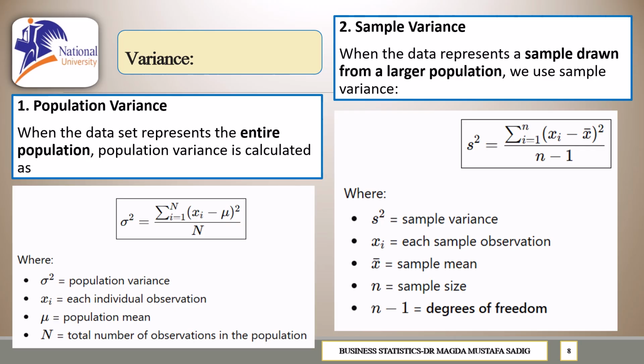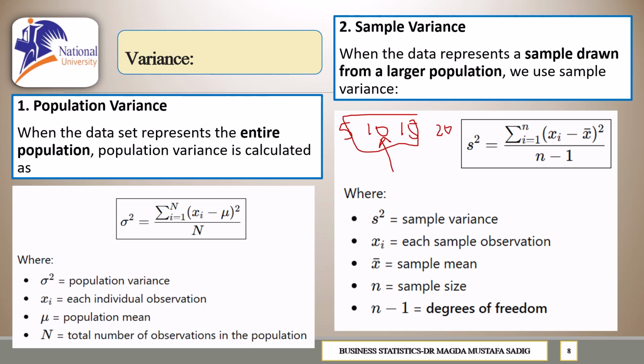If we have 5, 10, 15, 20, and then I took this as a sample, only 10 and 15, this is a sample, but the whole is the population. So we use sample variance when the data represent only a sample drawn from a large population.